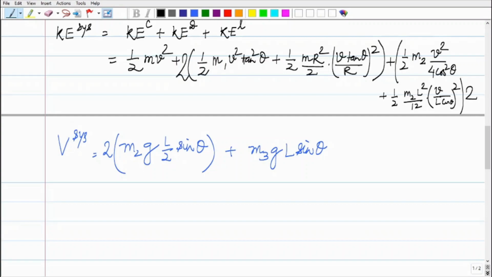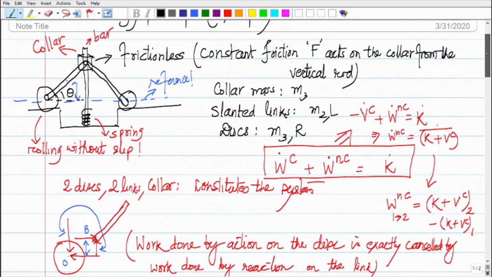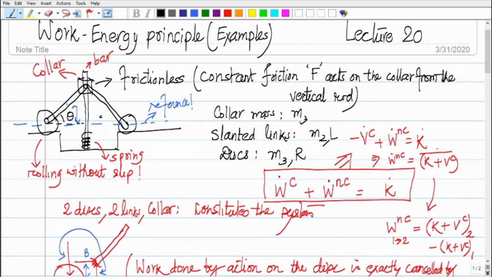Now, what is remaining then is the friction from the vertical bar on the collar. So that's also external. But that friction does some work, right? Because the collar and the bar have got relative motion.